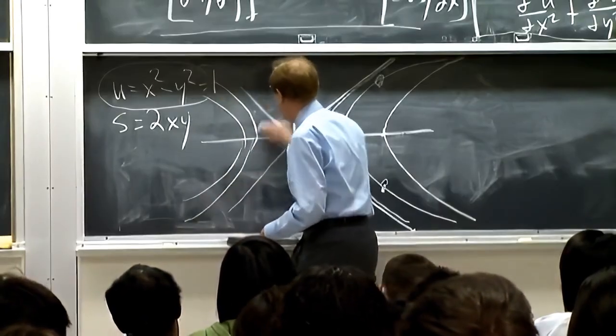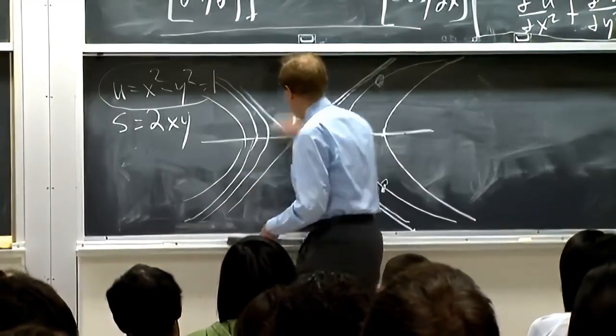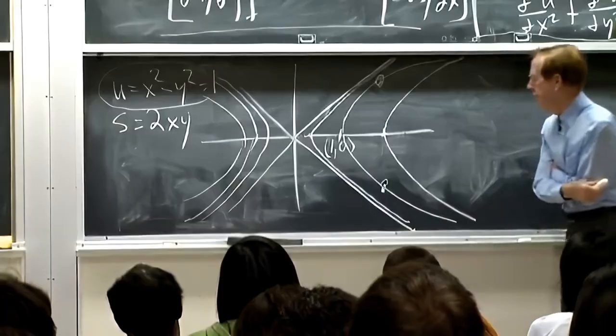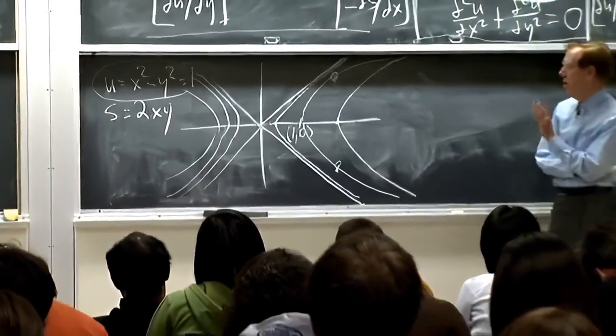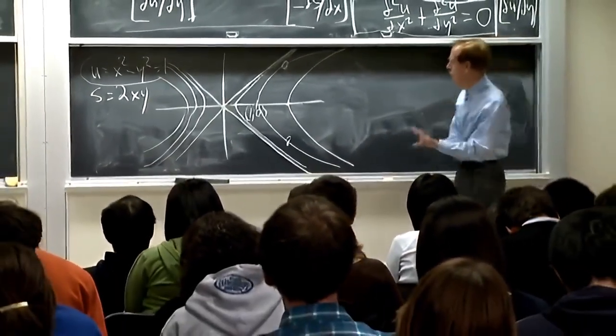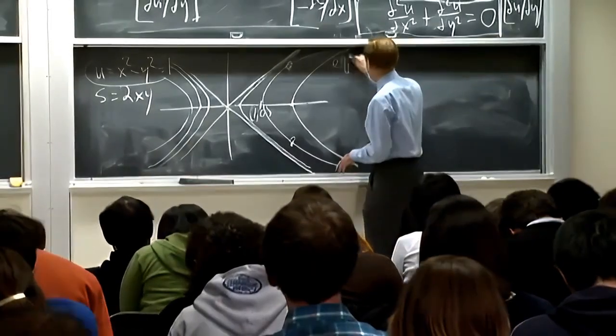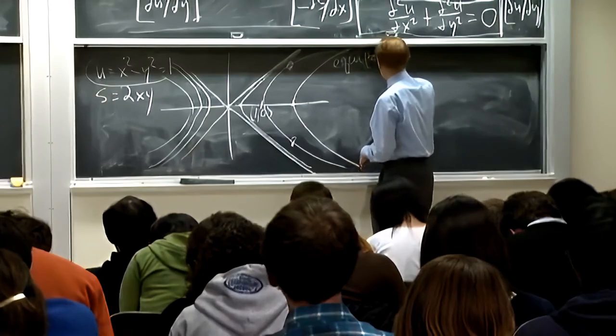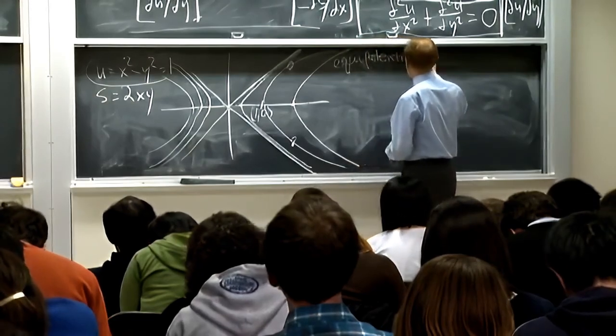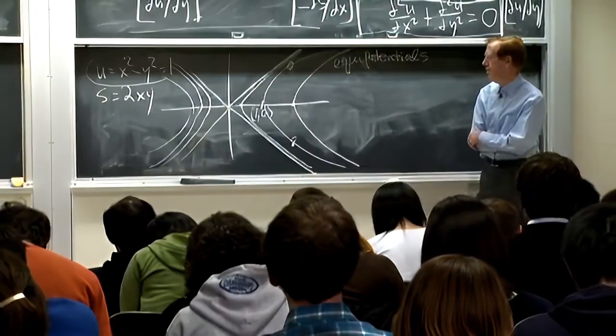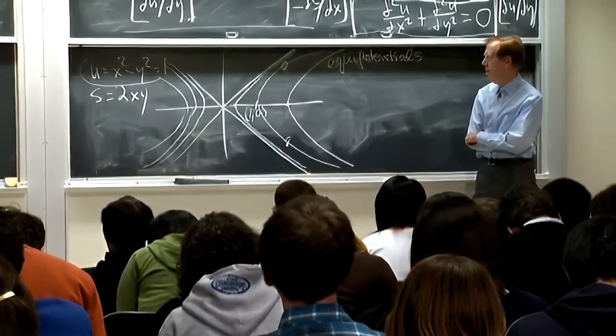So these same guys are on that side of the picture. Those are the equipotentials. Okay. Now, let me draw s.